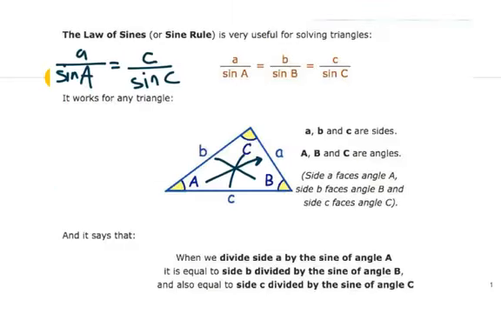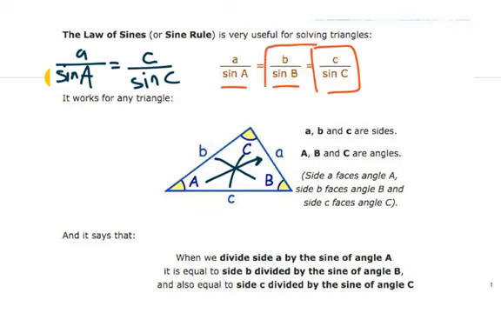So when I'm looking at my formula to decide what I could use, well, I'm looking for angle C. So I've got to include c over sine C because I need the variable I'm looking for to be part of my equation. Then I need to pick, am I going to use a over sine A or b over sine B to finish out my proportion?